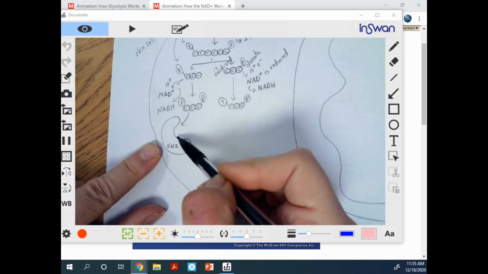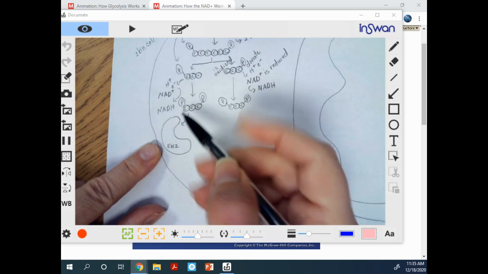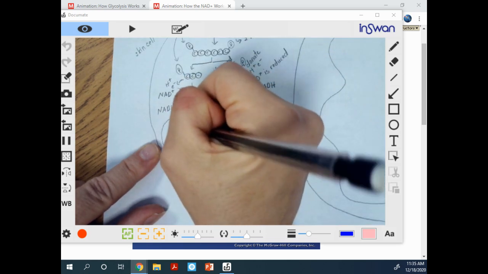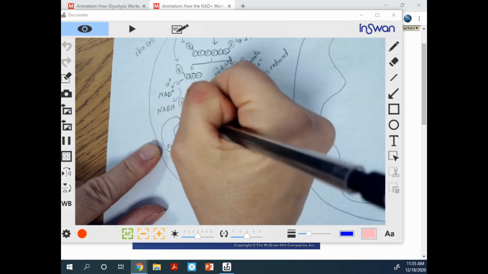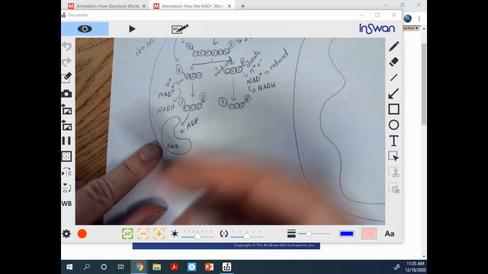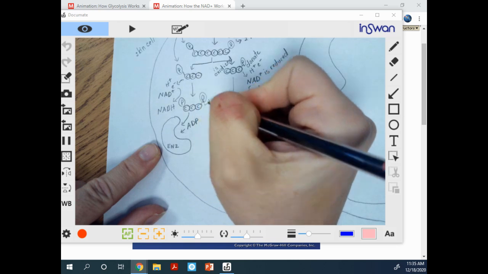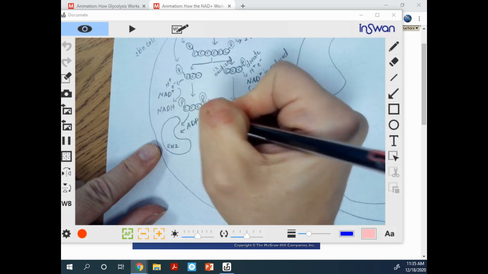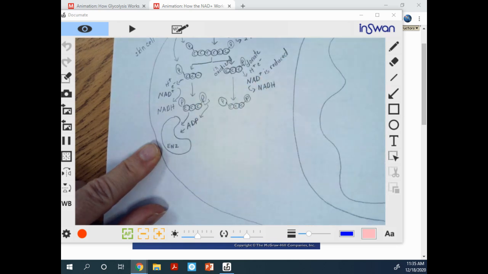So this enzyme can take in the substrate, and it also takes in ADP. And it positions those two together where this phosphate comes off of the substrate and hooks on to the ADP.